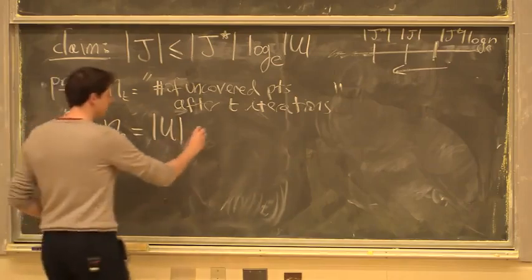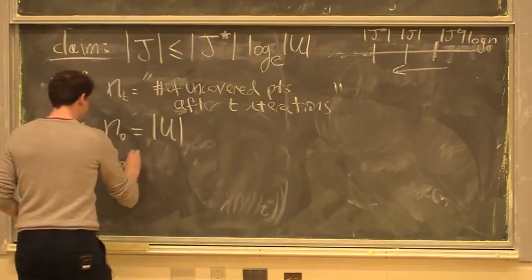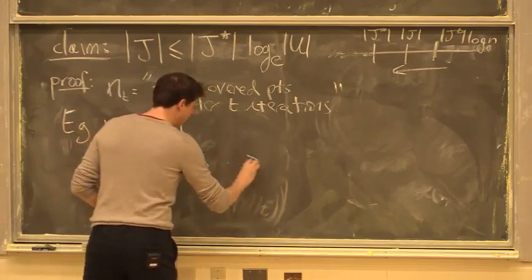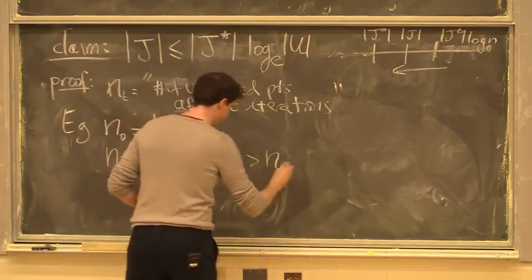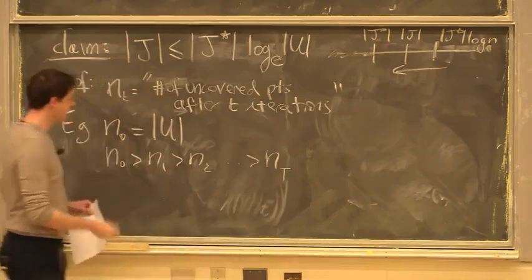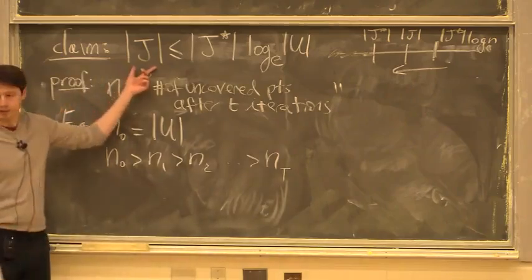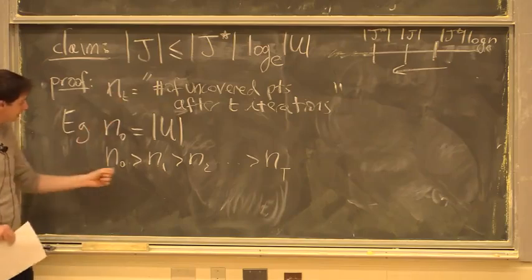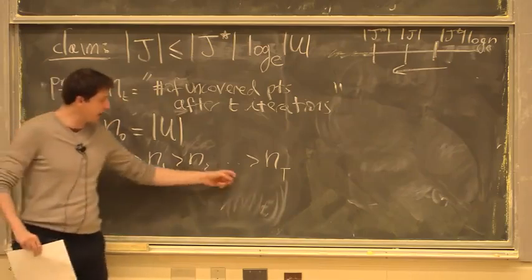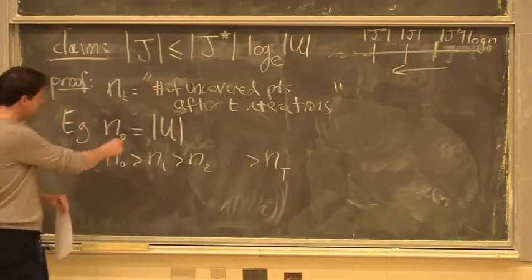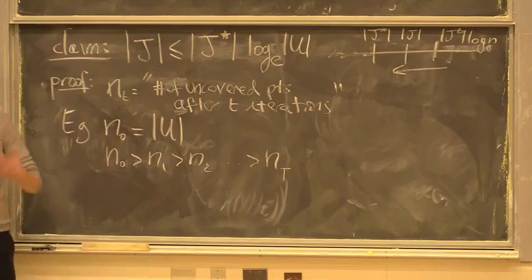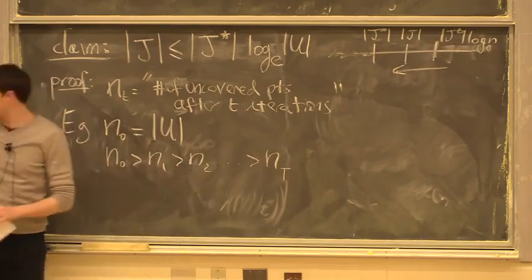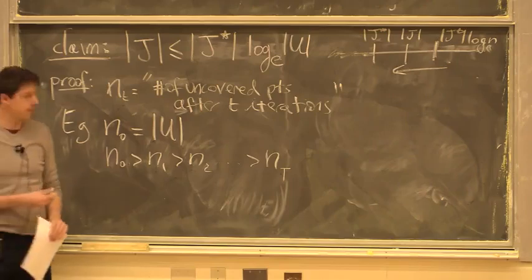So what you expect is that n_0 is greater than n_1, greater than n_2, and at some point you're done at some capital T. Capital T is exactly the number of things we've chosen. One way to say it's not too large is that I make a lot of progress each time, and because in total I only have size of U things, that is the same as saying that T is not too large. So we want to understand these gaps. We want to say that because we're picking this way, these gaps are large.